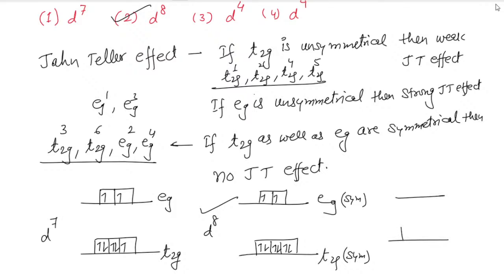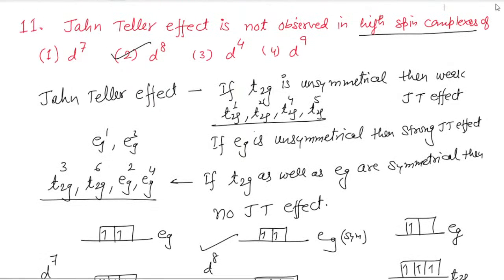D4, 1, 2, 3, 4. So T2G is symmetrical, but EG is unsymmetrical. Okay, and D9, 1, 2, 3, 4, 5, 6, 7, 8, 9.